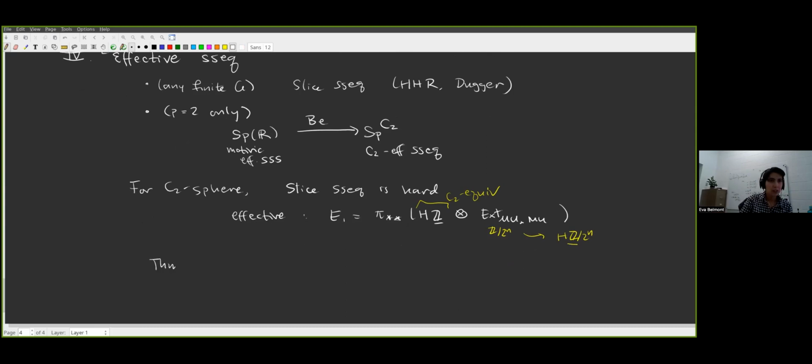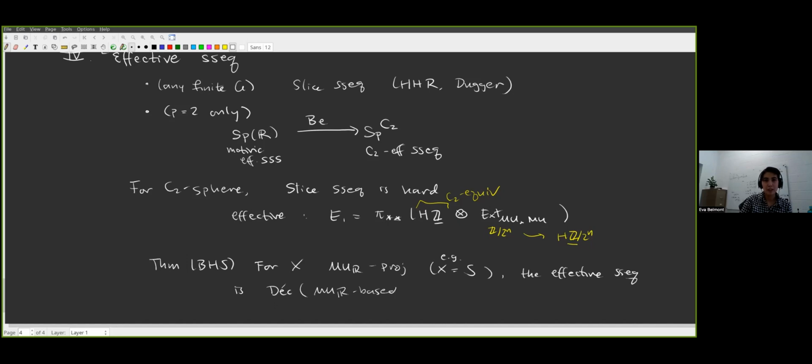Burklund, Hahn, and Senger show that for X that is MUR projective, for example the sphere, the effective spectral sequence is the décalage, again the shift, of the MUR-based Adams spectral sequence.